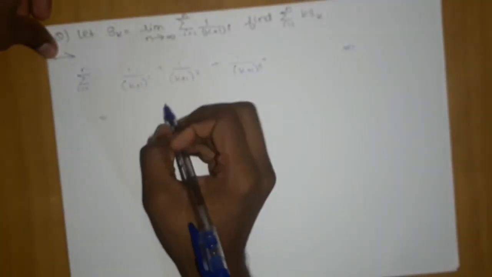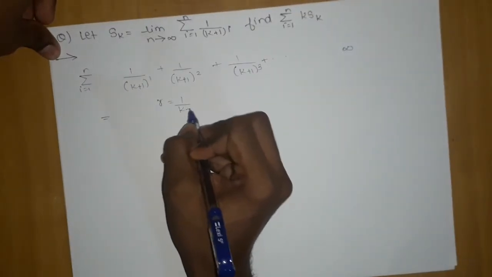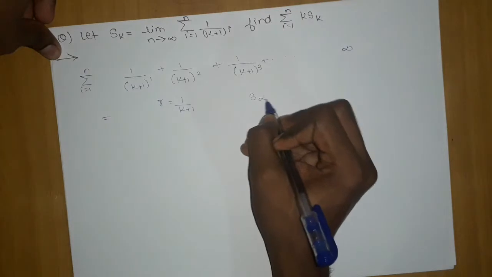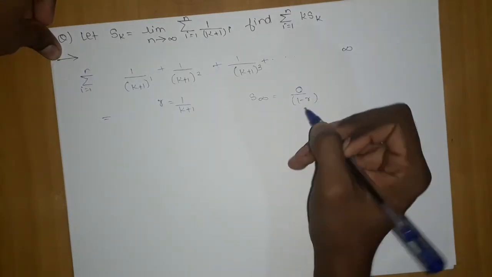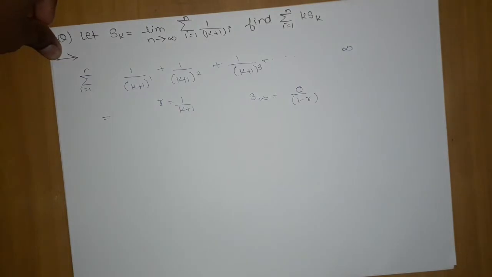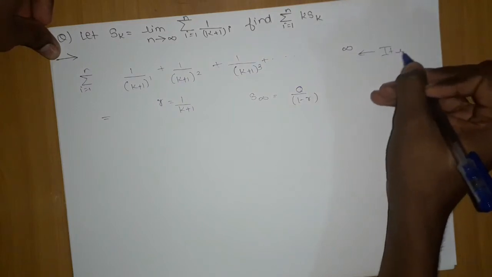So we got this. Now it is an infinite series. I have my first term a, and I have my r, which is 1 upon k plus 1. S infinity is nothing but a upon 1 minus r. n tends to infinity gives us the idea that it is a GP.